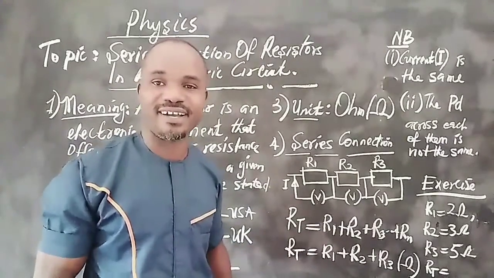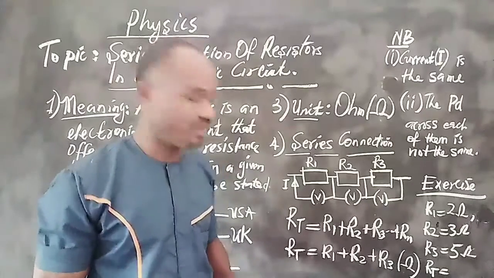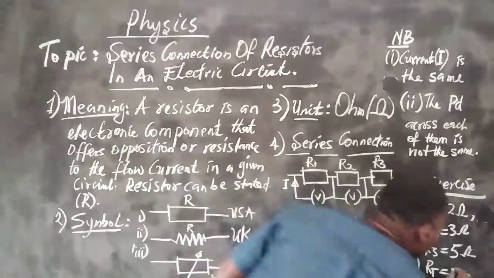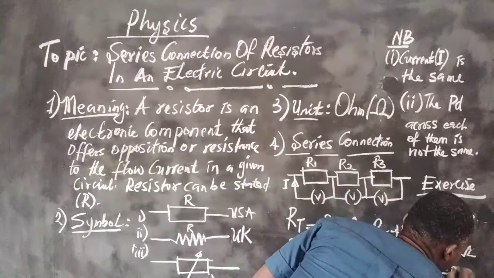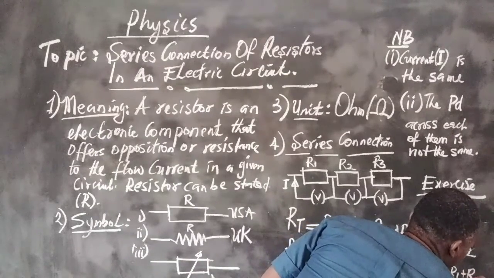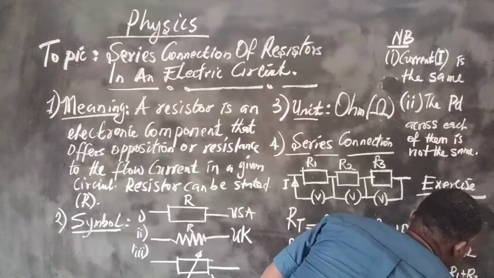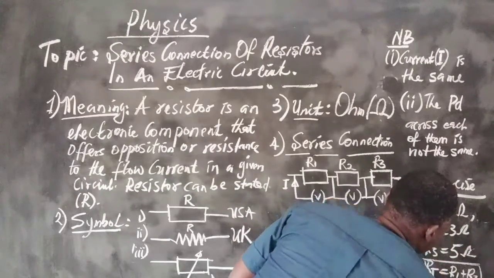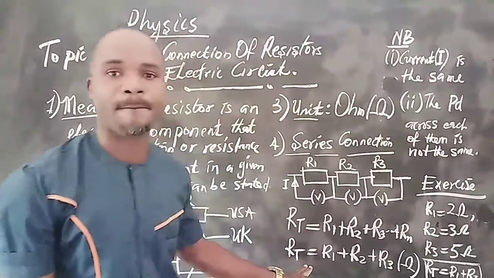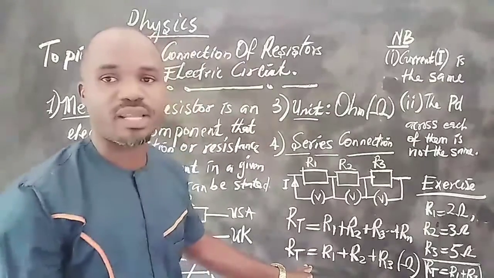Find their equivalent resistance, R_T. So we have R1 plus R2 plus R3, and we use this formula immediately.